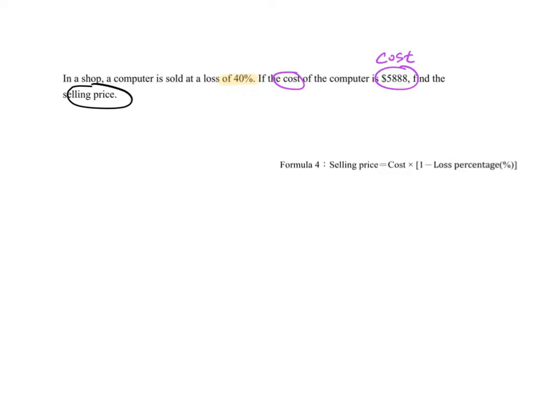It is similar to find the selling price in the profit case. But remember, for this formula, it is for the loss case. So you can see that the formula is different. Here, you can see that it is the minus sign. By using formula 4, the selling price is equal to the cost.